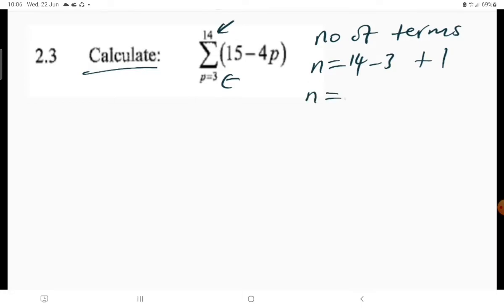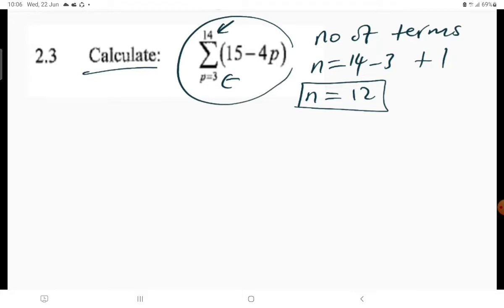So when you have that n, which is going to be 12 now, that is the number of terms that are being added to get this sum, because this is the sum, but it is just shown in sigma notation form. So what do you do next after knowing the number of terms added in this sigma notation? You just need to find the first 3 terms of this sigma notation.